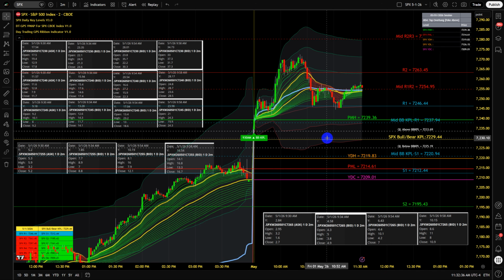Okay, so now let's go into how these trades progress. And keep in mind, as we discussed, that your scalp only exit is a one level move in your favor. How that is determined is you take the level that you're basing the trade on, in this case the bull bear KPL. You look up, since this is a bullish trade, one full key level, that is the R1 level.